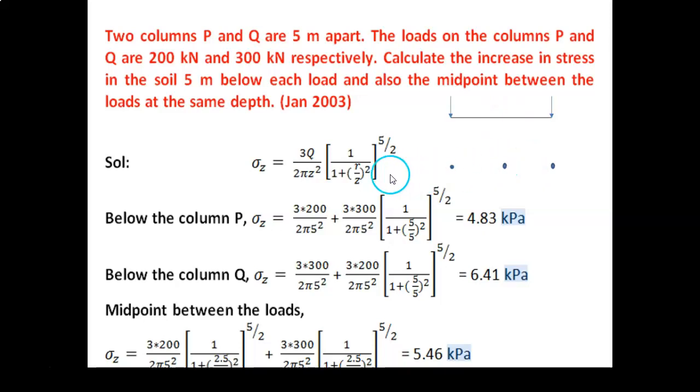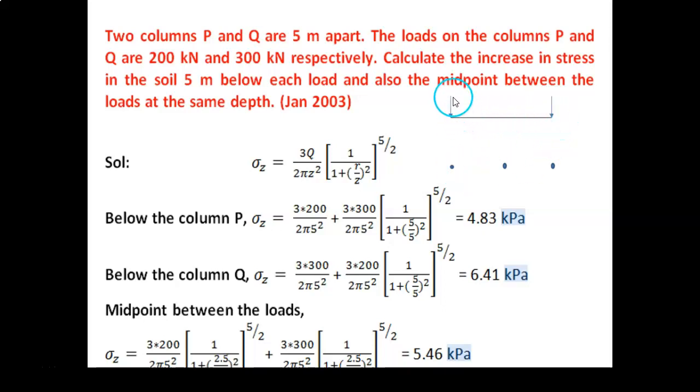So because it is a point load case, we take the equation of point load. So here when we consider the point directly below column P, the load whatever is coming through column P will become direct load to this point, and whatever the load that is coming through column Q will become neighboring load. So you have to take the radial distance.